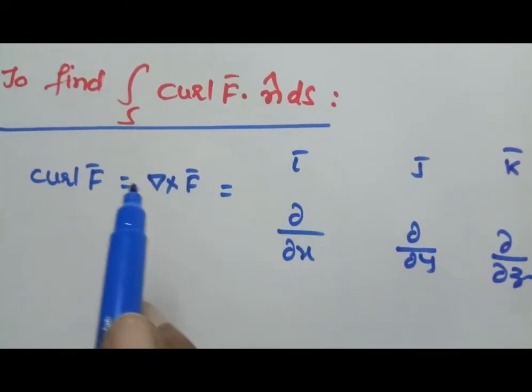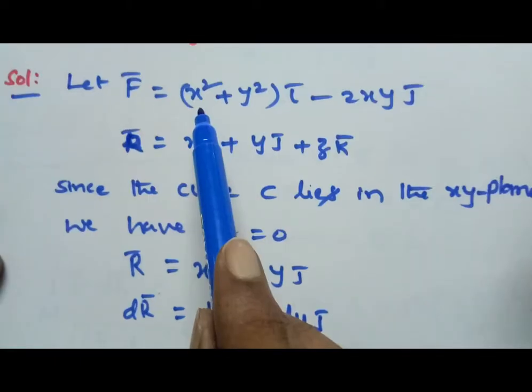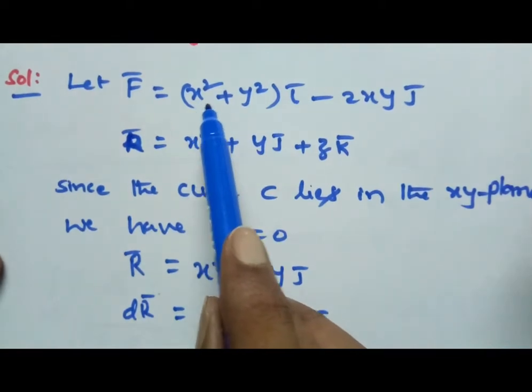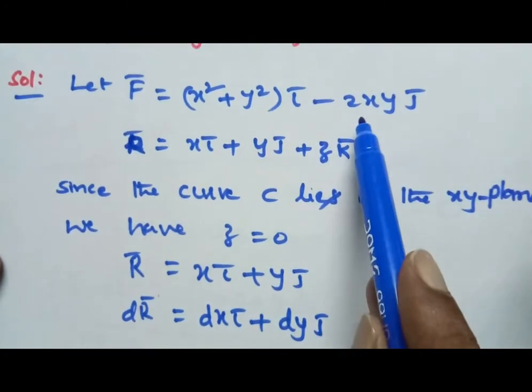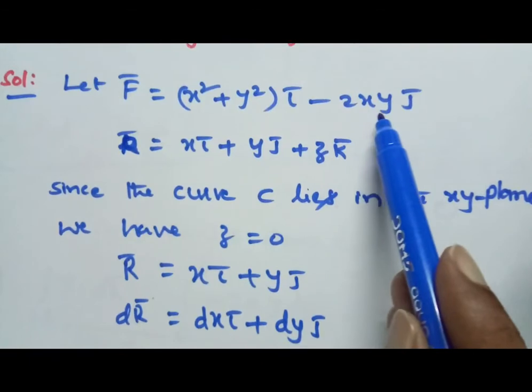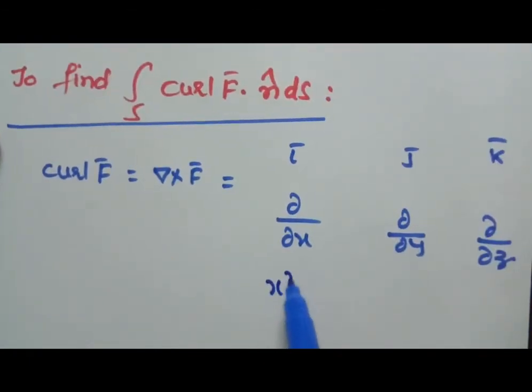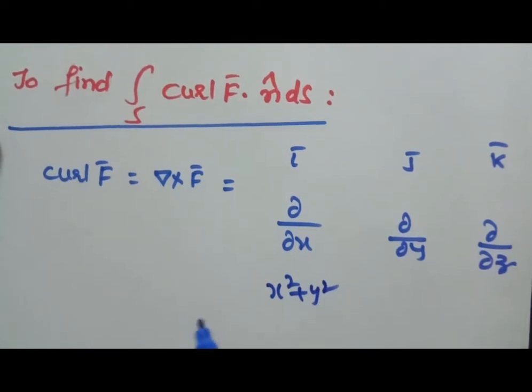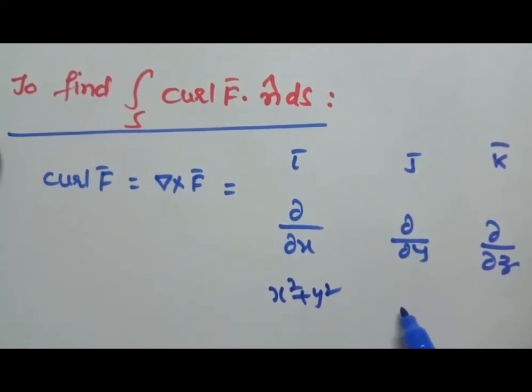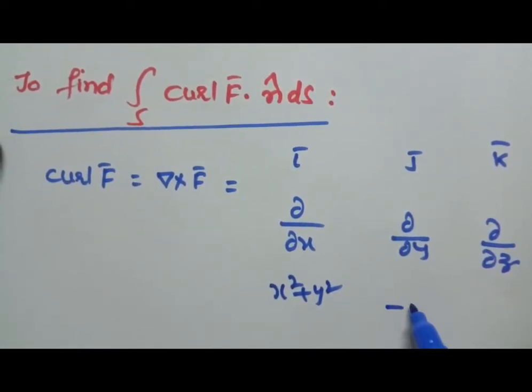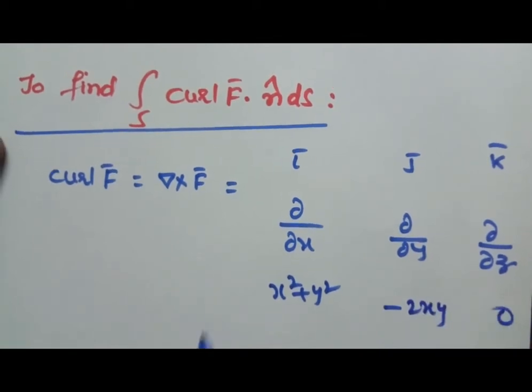Now components of F bar: I bar component of F bar is x square plus y square, J bar component is minus 2xy, K bar component is 0. So x square plus y square, minus 2xy, and 0.